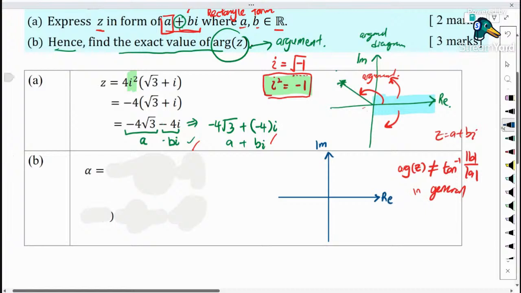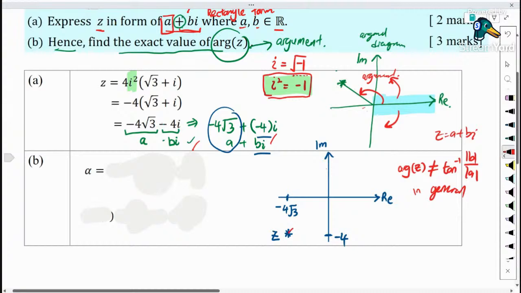We find that the real part, I have negative square root of 3, negative on the real number axis, maybe somewhere here. Imaginary is also negative, negative 4, maybe somewhere here. Combine these two to form a point. So this is the location of the complex number z.